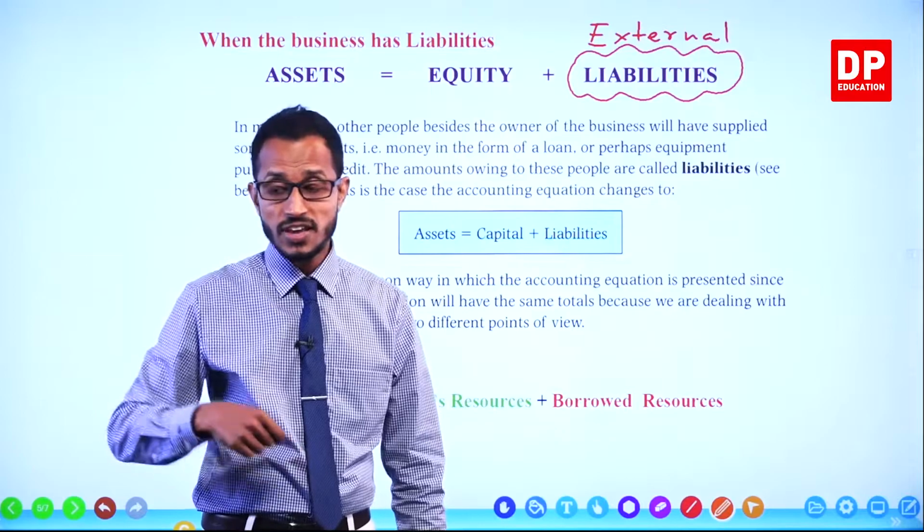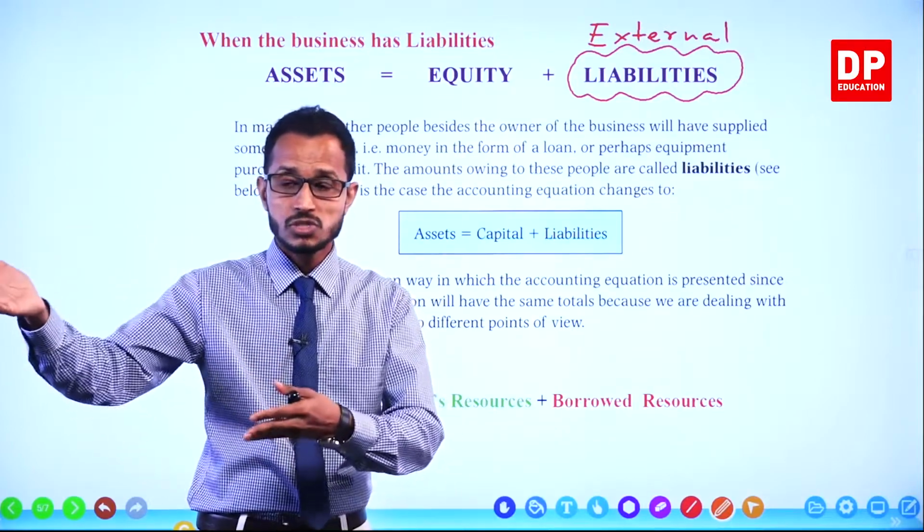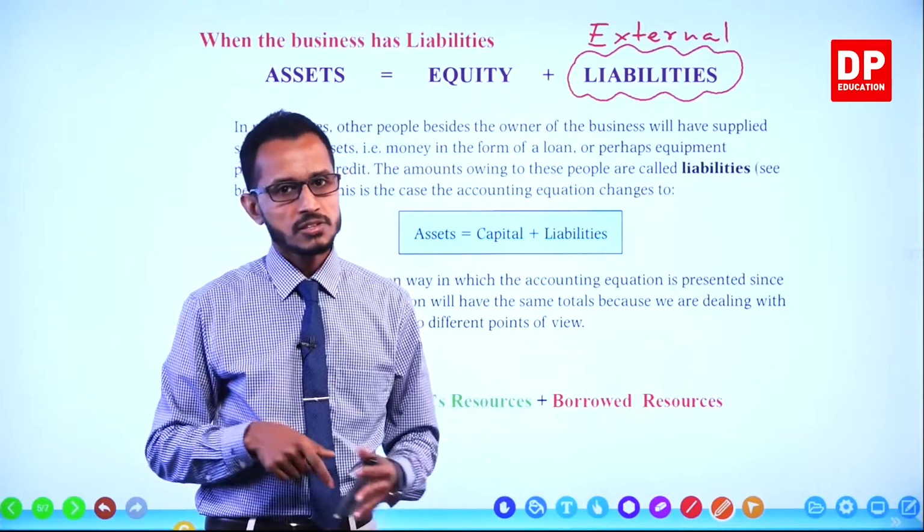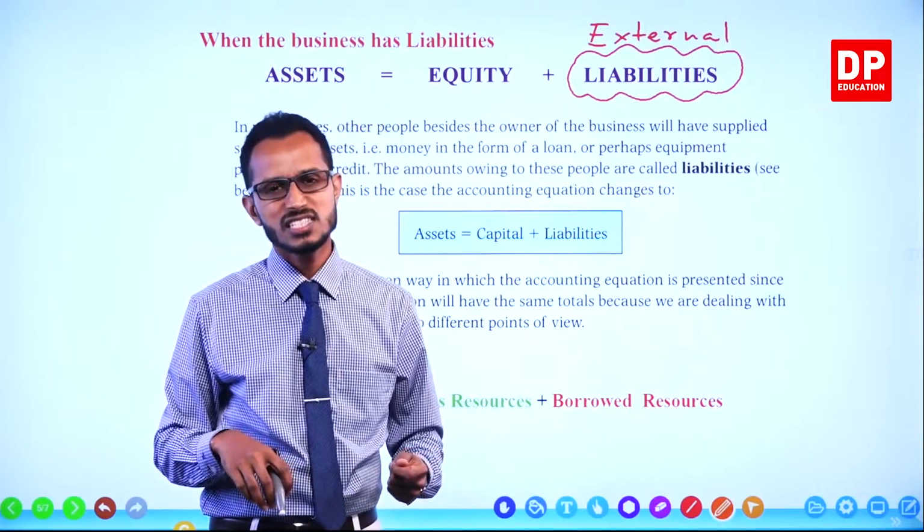Those are also liabilities, right? We have not paid. Now we are owing those suppliers. We have to pay them. Liabilities. Credit purchases.